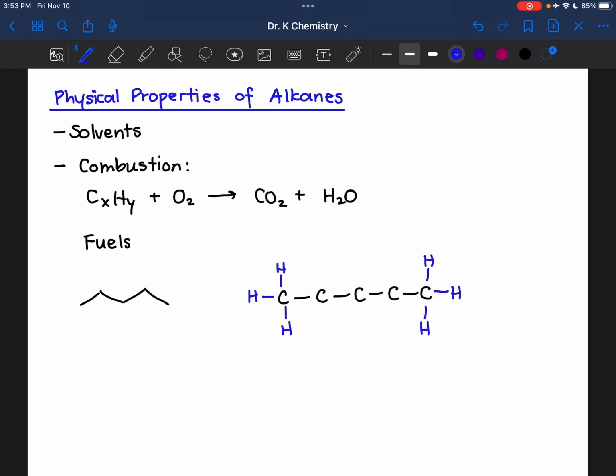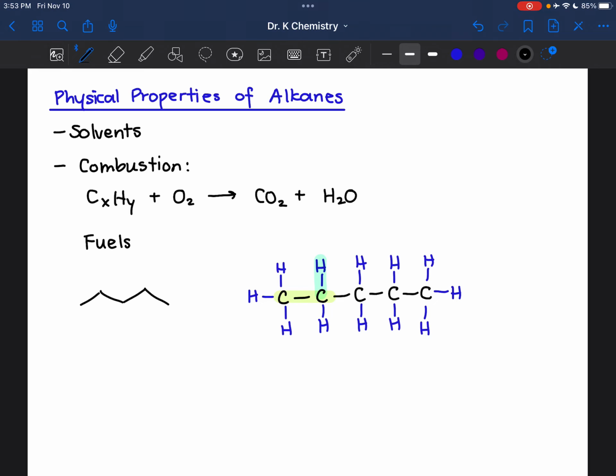And then the carbons in the middle, each one has 2 bonds, so it needs 2 hydrogens to complete its octet. And that's the case for all of them. Notice that in this molecule, we only have carbon-carbon bonds and carbon-hydrogen bonds, the entire molecule.